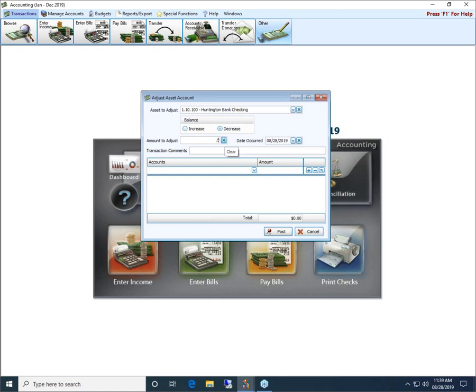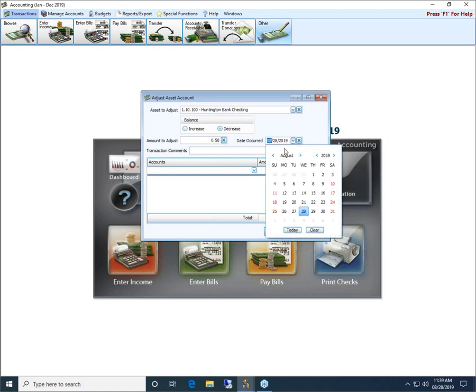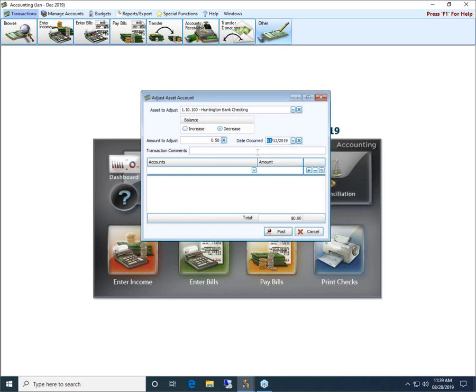We're going to put in our 50 cents here. We're going to backdate that to a prior period. You know, let's say, folks, this is just arbitrary dates here. This isn't real. We're going to date that back on, say, a Sunday date for January 13th, okay? Then we'll say something like bank error shorted by this amount.